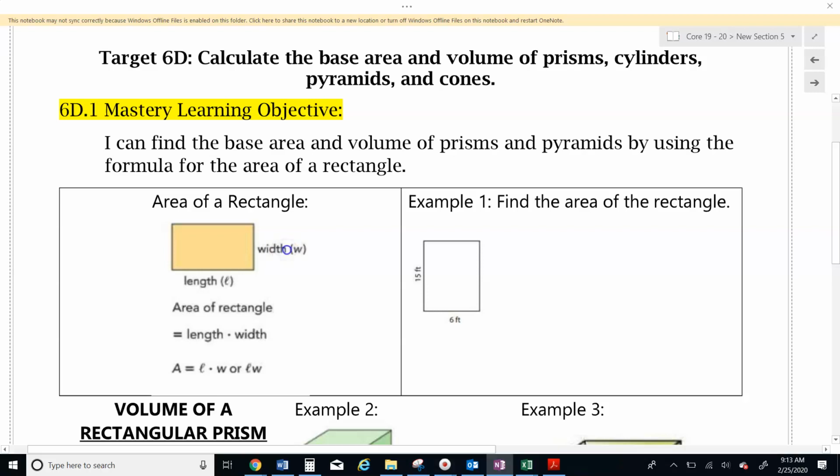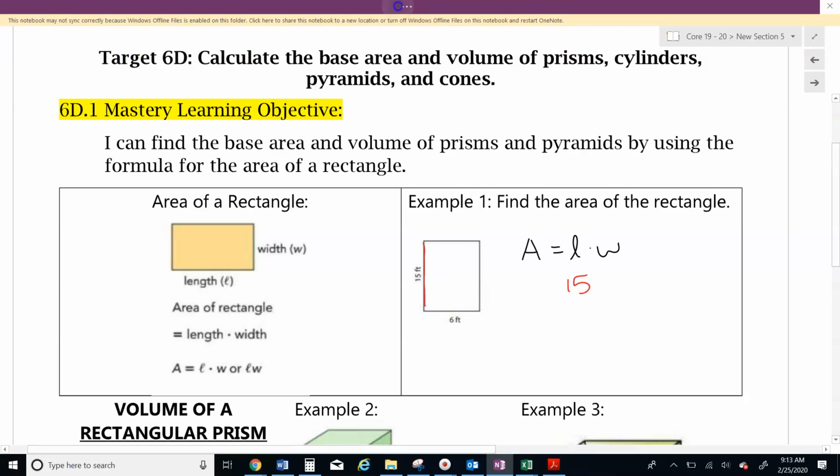But right, we have a length and a width, and the area of a rectangle is length times width, or L times W, right? So if I want to find the area of this rectangle, again, area equals length times width. The length is 15.